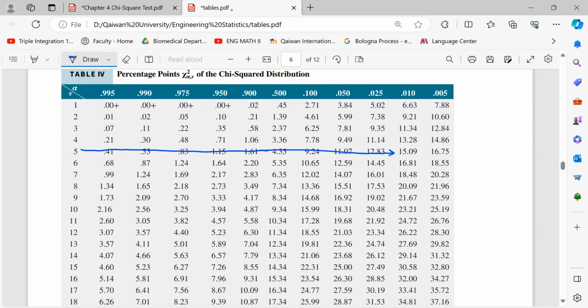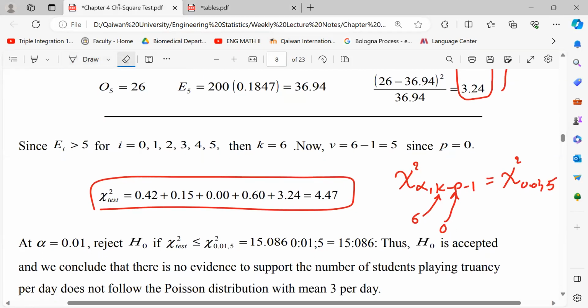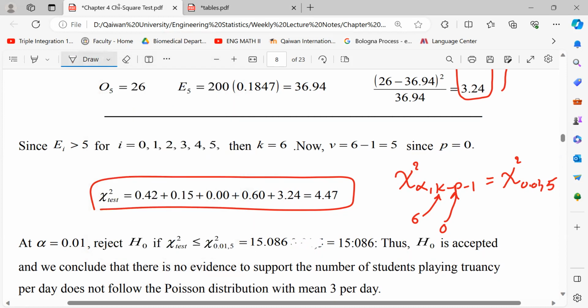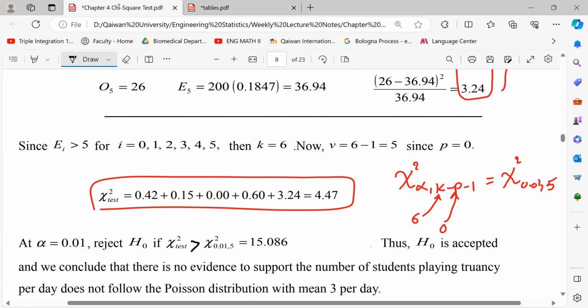It's 15.09. If it is greater than this one, then we say we reject.